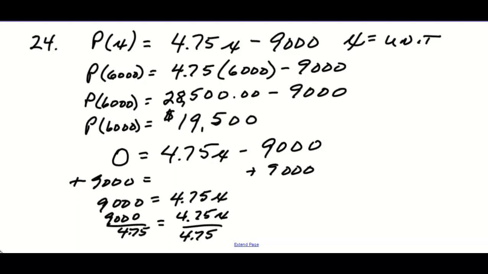And when we do that division, and that's a little practice on the decimal division, what we get is 1,895 equals x. So there you go. Those are 3 sample problems. This should be a fairly easy unit for you.